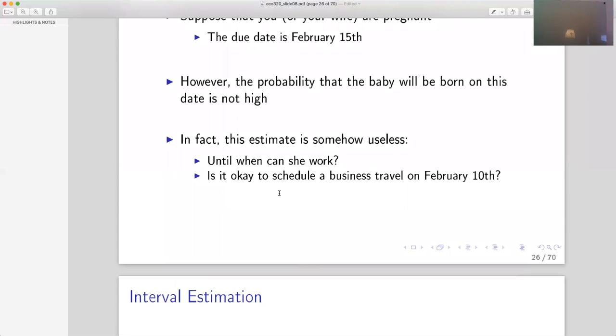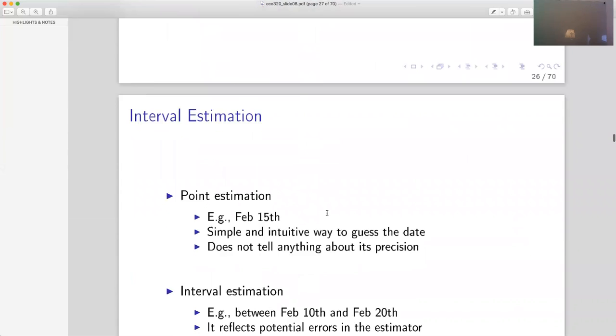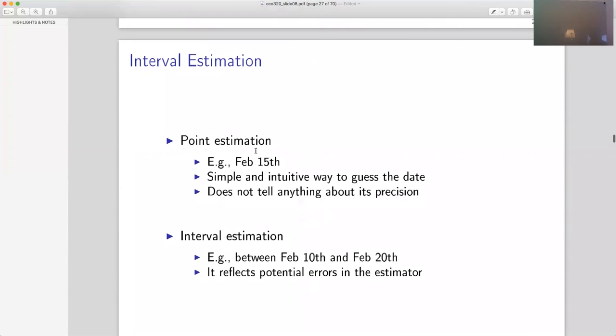Is it okay to schedule a business trip on February 10? So this is another kind of example: interval estimation. Point estimation is like February 15, you are estimating exactly one point, but an interval, on the other hand, is like between February 10 and February 20.